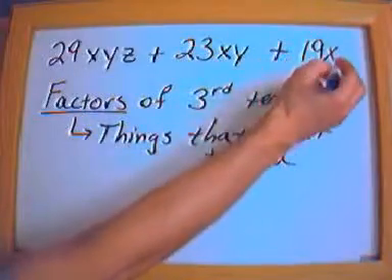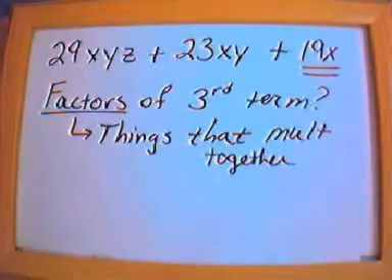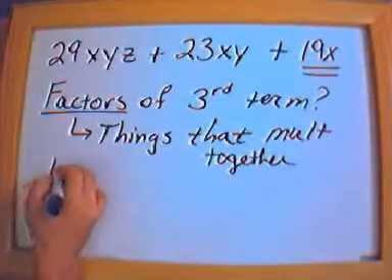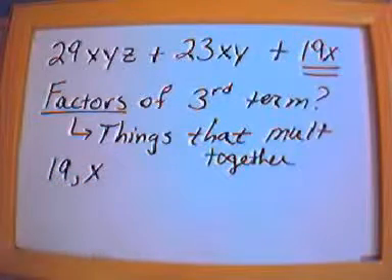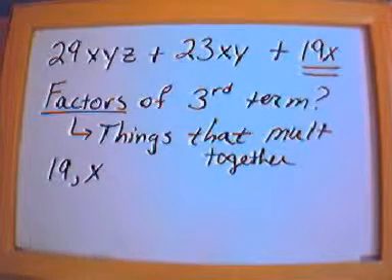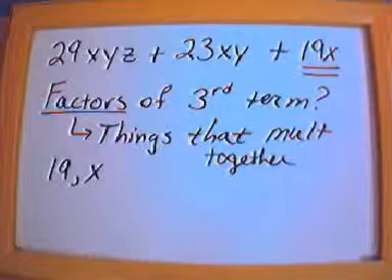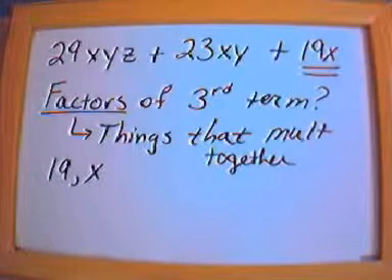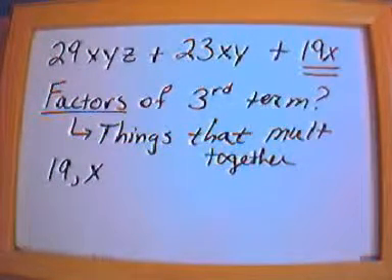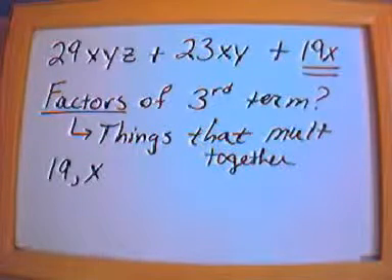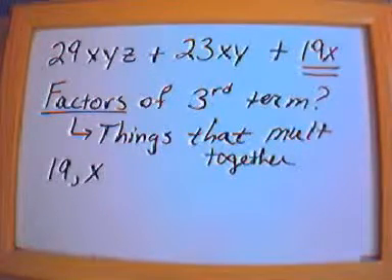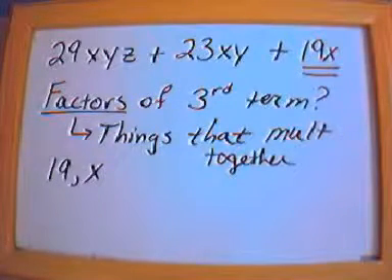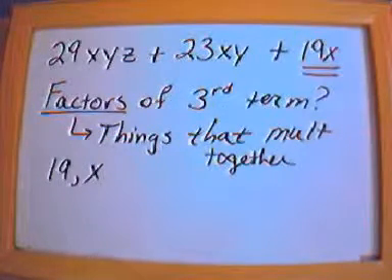The third term is this guy right here. The factors here are 19 and x. They are both factors. Think of it like this: if I didn't make it to the grocery store today, I drove there and I was late. The factors that made me late were that traffic was a factor, my car didn't start was a factor, maybe I ran over a dog, that was a factor.